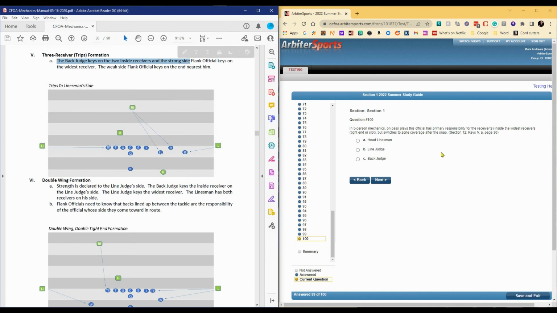This is not complete. The back judge has the inside receivers, and depending on how, if we have a balanced formation, he has the inside receiver on the line judge side, and the head linesman gets both of the receivers on his side. But inevitably, we do switch to zone coverage. So the answer here is C.